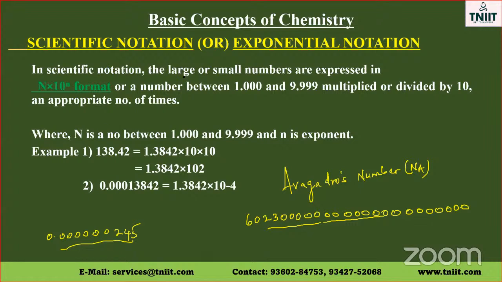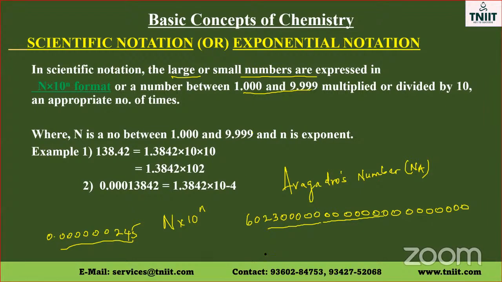In scientific notation, the large or small numbers are expressed in this format: N into 10 to the power n, or a number between 1.0 and 9.99 multiplied or divided by an appropriate number of times. Where N is a number between 1.000 and 9.999, and n is the exponent.